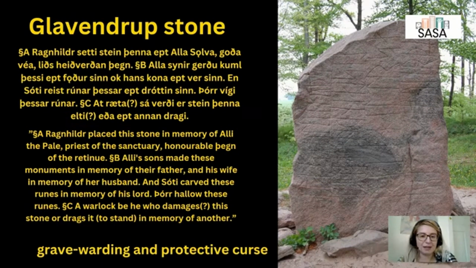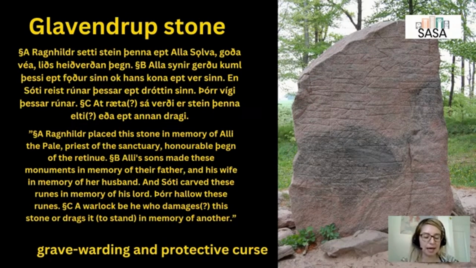The honorable thegn, that would be a word meaning almost like a leader or some kind of chieftain, the leader of the retinue. And then it says that Ali's sons made these monuments in memory of their father, and his wife in memory of her husband. Then we have the name of the carver, Sorti, who carved these runes in memory of his lord.